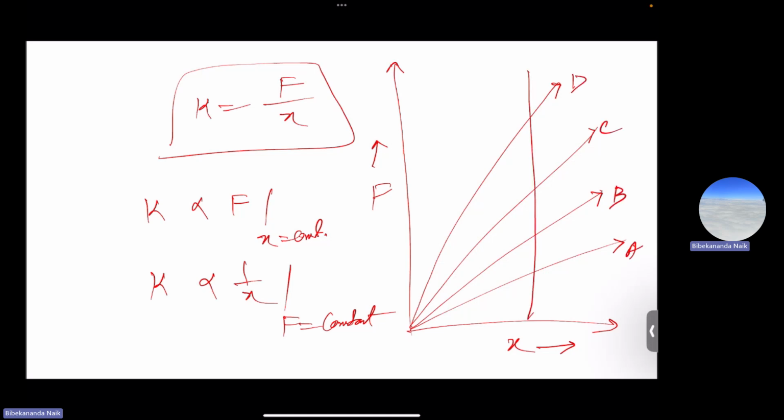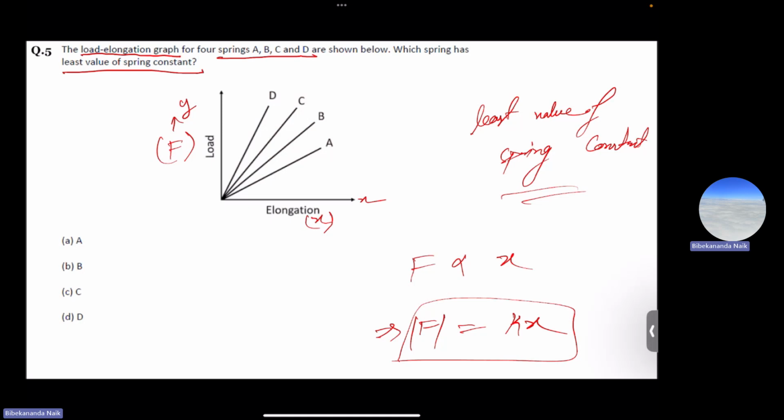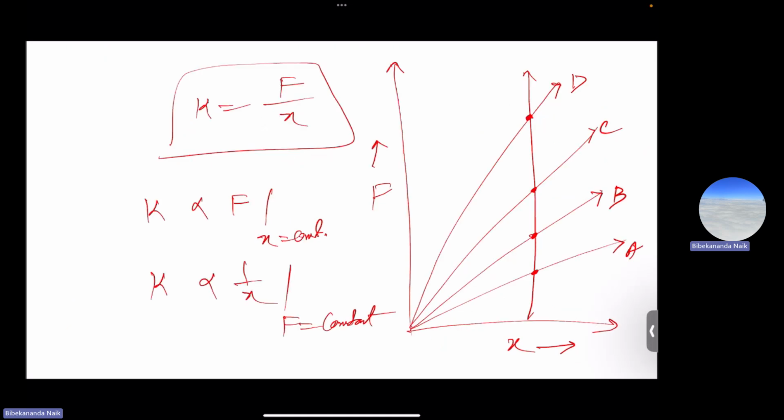So if we draw a line here, the question says which spring has the least value of spring constant. Suppose this point is n, so On is equal to x, the elongation, which is constant.